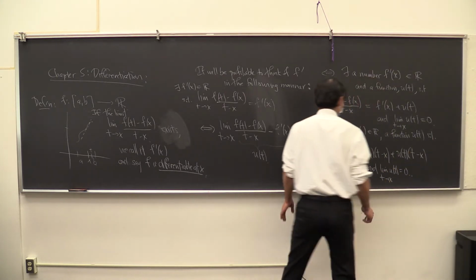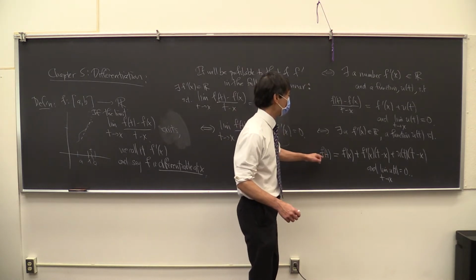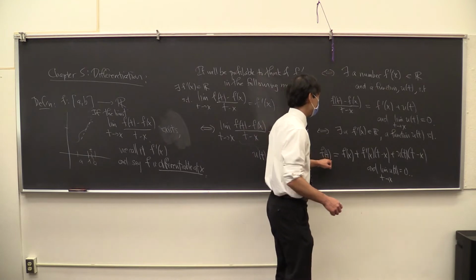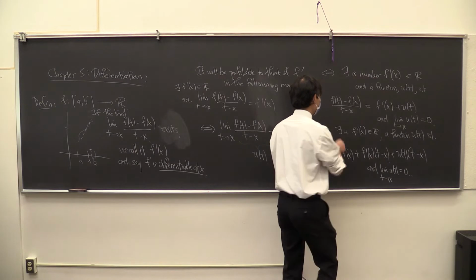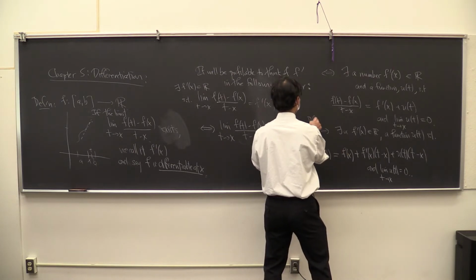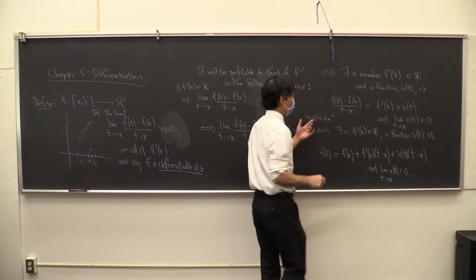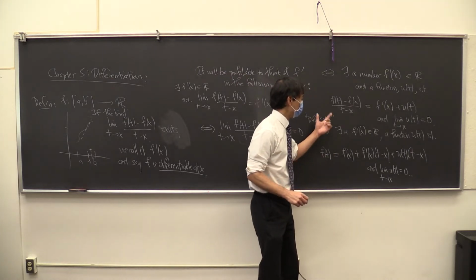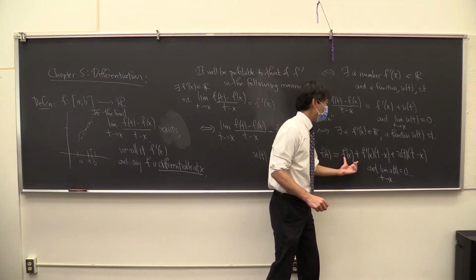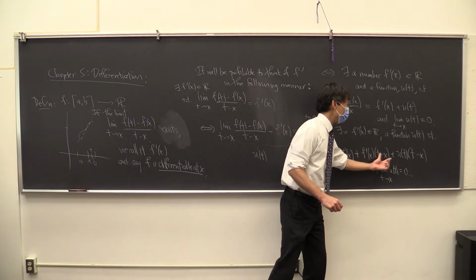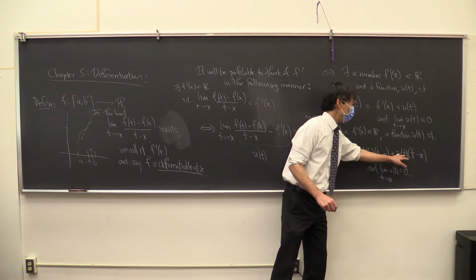Okay, so let's think about what differentiable means now. Okay, different perspective on what differentiable means. Differentiable at x means that your function can be expressed as f of x plus f prime x times t minus x plus u of t times t minus x, where this thing goes to 0.